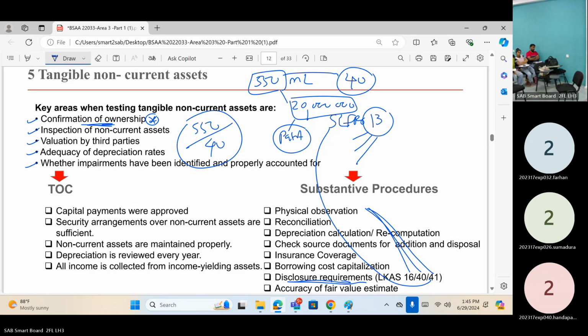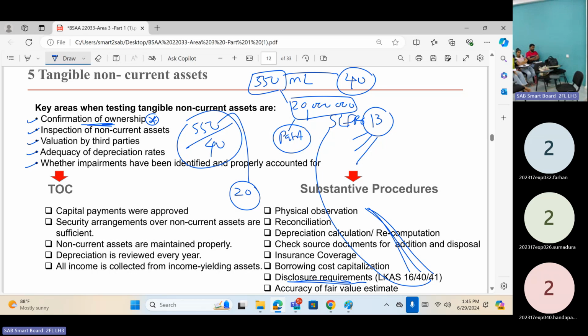No, right? Because this 550 included 20 million for painting. This painting 20 million will be fully depreciated within another 5 to 8 years, and we have to identify it separately.